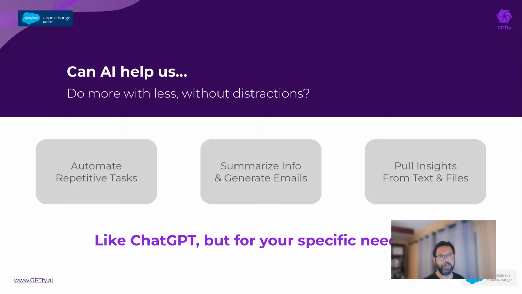When you think about generative AI, it's really good at doing a couple of things. It's really good at automating repetitive tasks. It's excellent at summarizing information and generating emails. And it's actually very good at pulling insights out of text and files. So, a couple of things here. One, all of this is about unstructured data. Support has significantly more unstructured data than sales. Why?